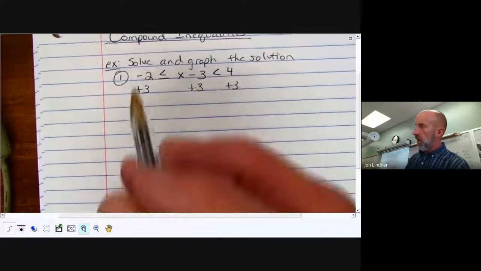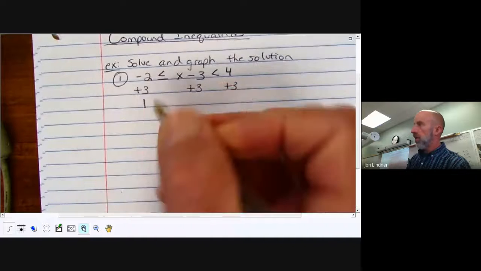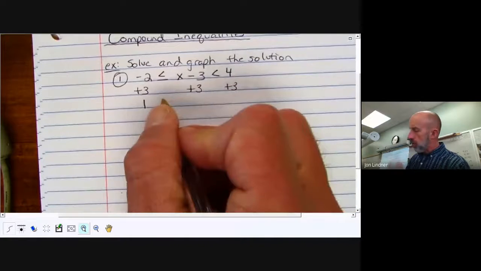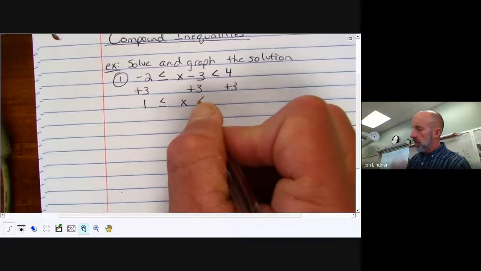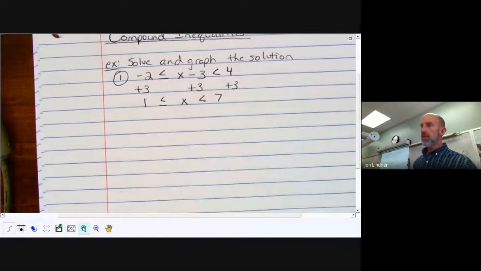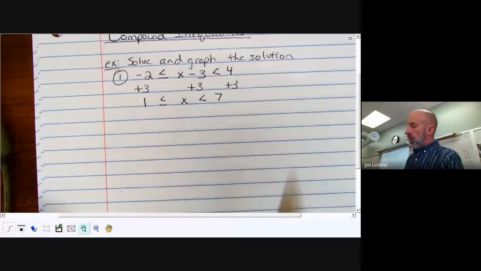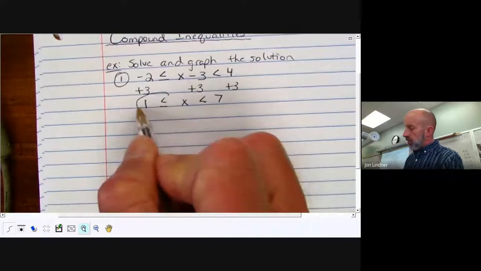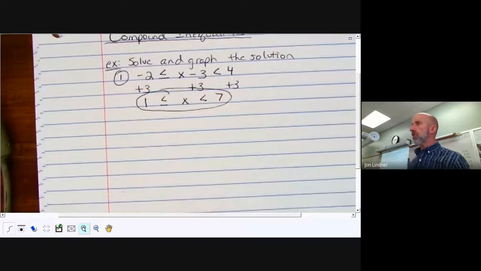Now let's see what we have. -2 plus 3 is 1, which is less than or equal to x, which is less than 7. And technically, we've solved it. But now we have to understand what this means in terms of the solutions.